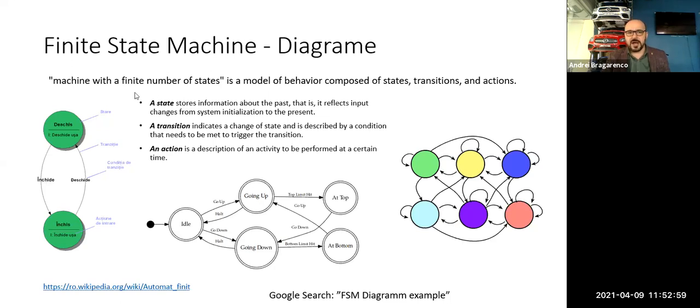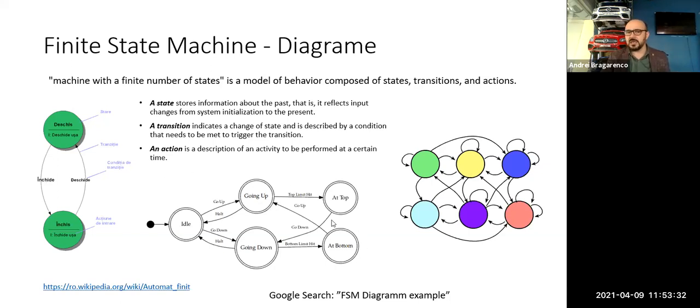So a state machine is defined by a state that usually stores information about the past, and a good example is this one. Meanwhile, I would like to have some input from your side: what do you think about this diagram, what does it define, or the behavior of what kind of system could it define?